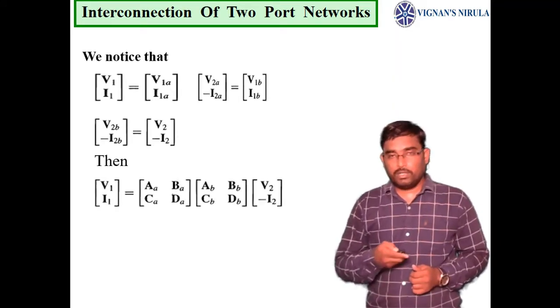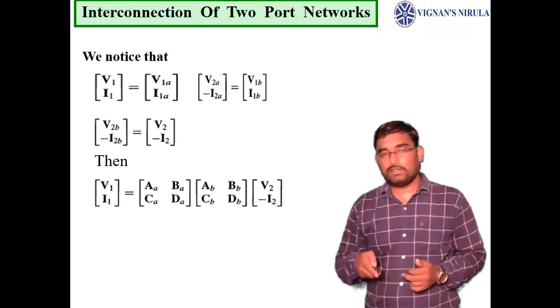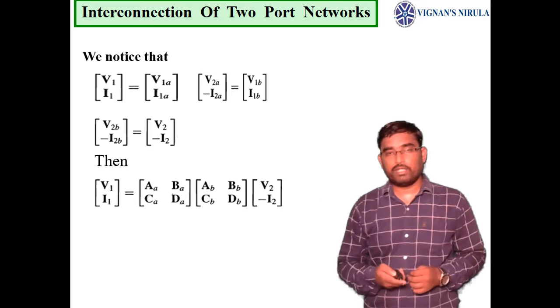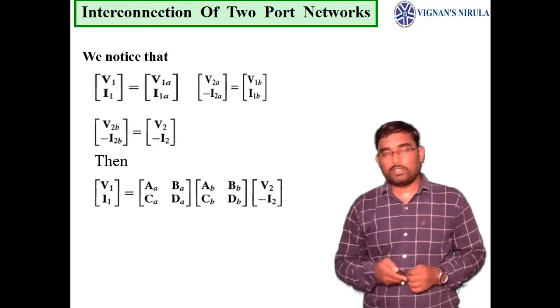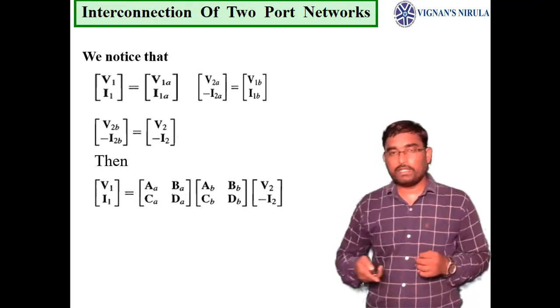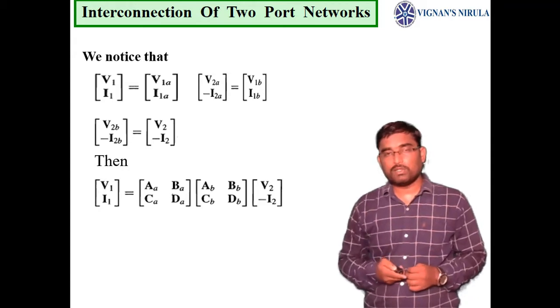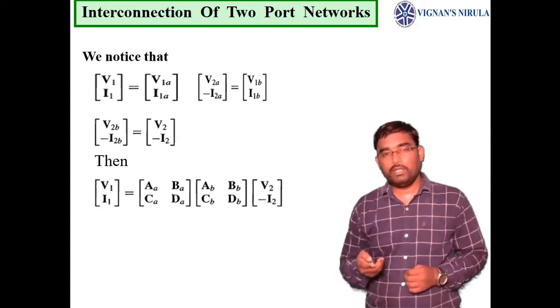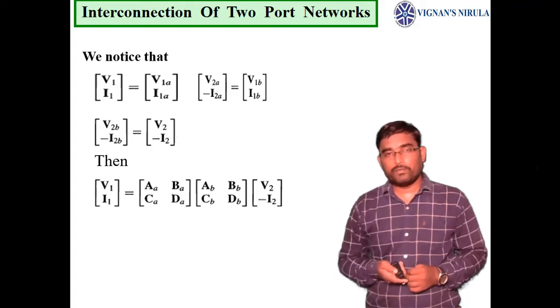By putting all these relations in the above set of equations, we can get V1, I1, the overall port 1 voltage and port 1 current for the cascaded two-port network, as [V1, I1] equals [AA, BA; CA, DA] into [AB, BB; CB, DB] into [V2, minus I2].